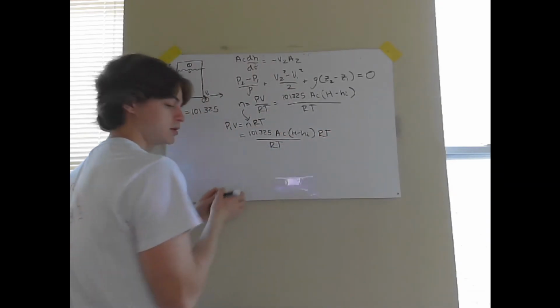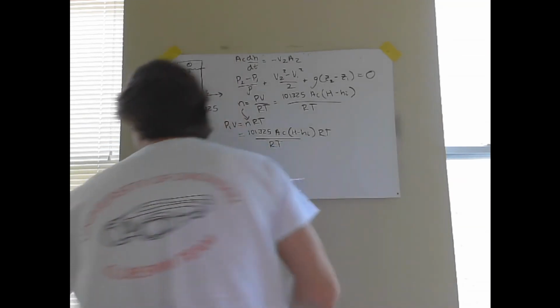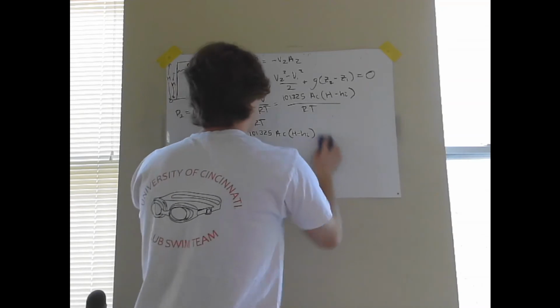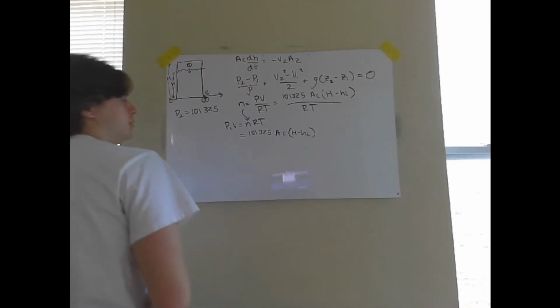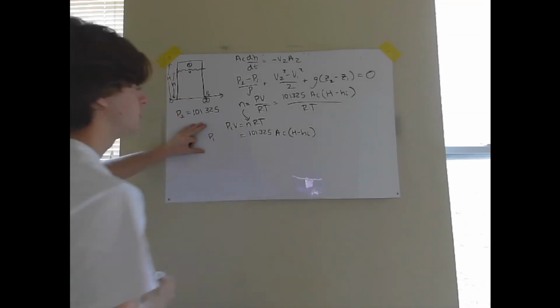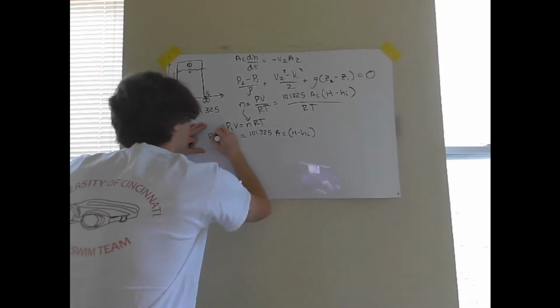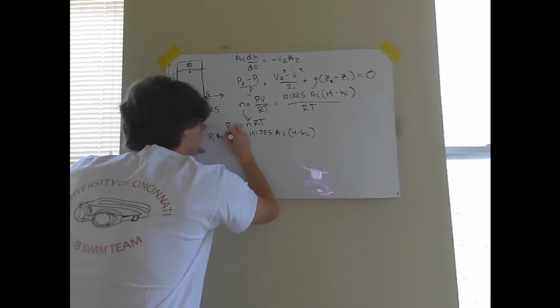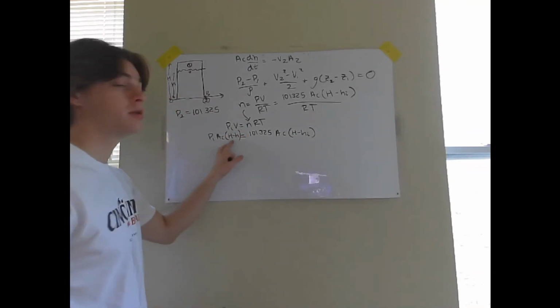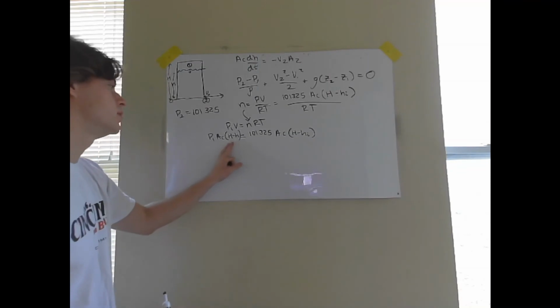These two are just going to cancel out. On the left side, we're going to have P1 times the volume, which is the cross-sectional area times the total height of the tank minus the height of the fluid.